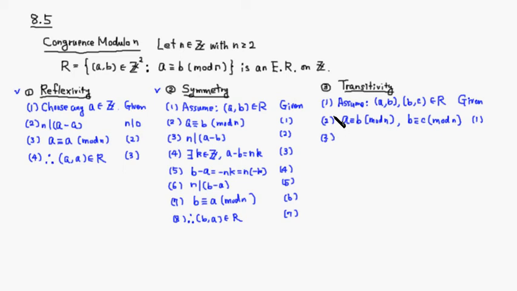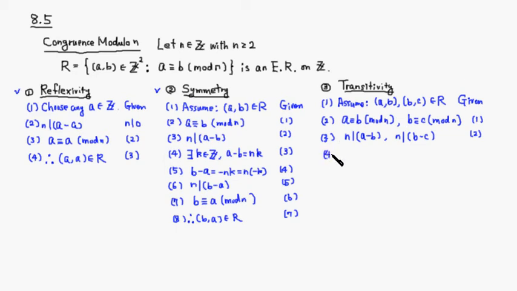Line number 3: this means that n divides the quantity a minus b, and also n divides the quantity b minus c. That comes from line 2.